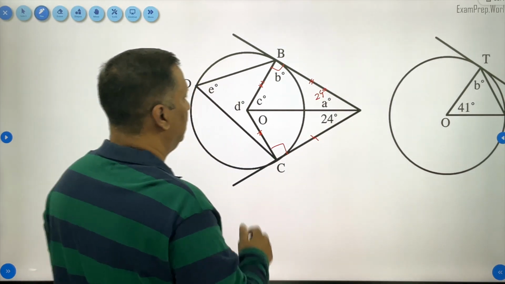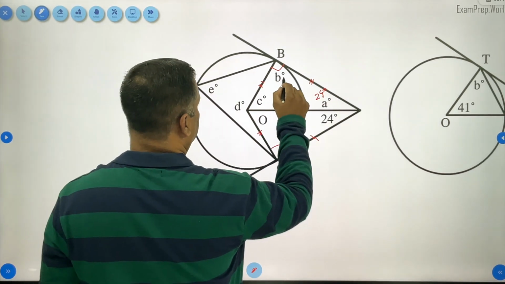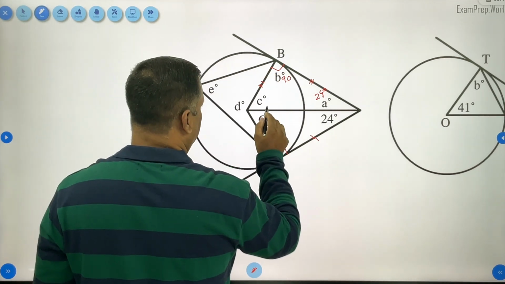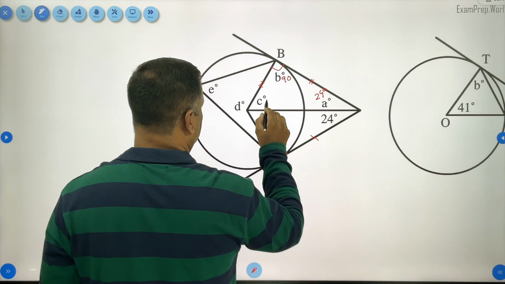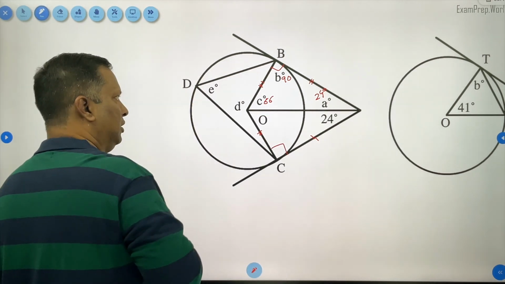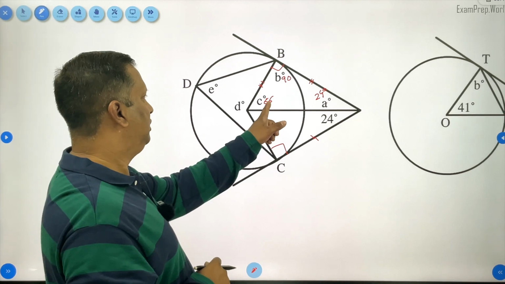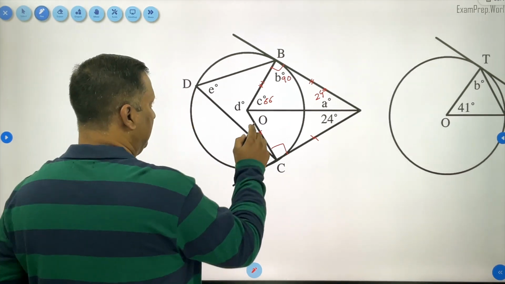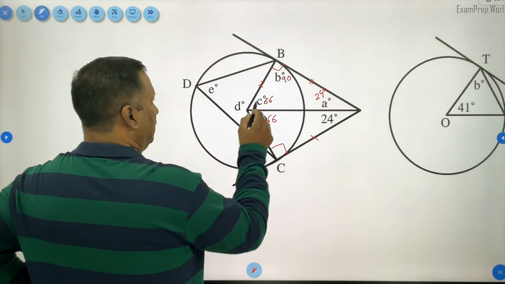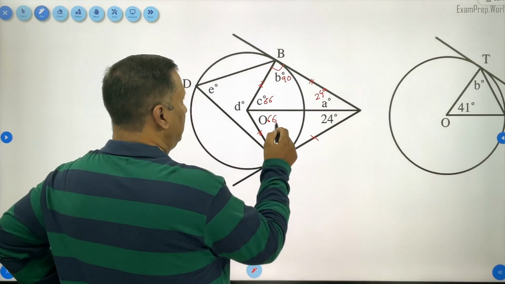Now if this is 24, and B is 90, we know that B makes 90. So this is 90 minus 24, which is 66. Correct. Now if this is 66, this angle also has to be 66. Now 66, 66, 122.